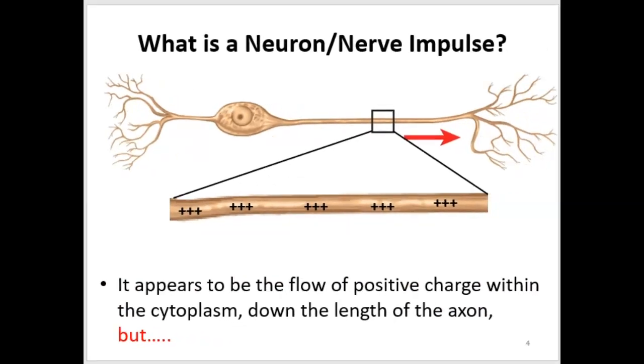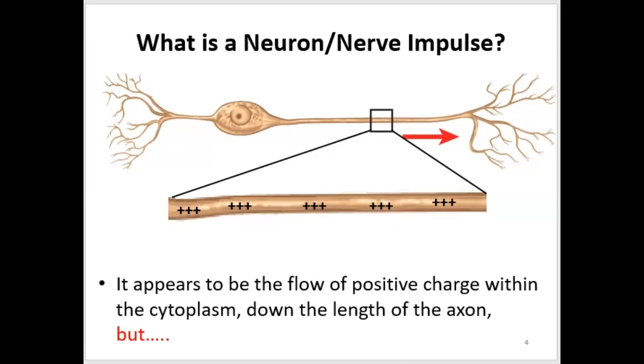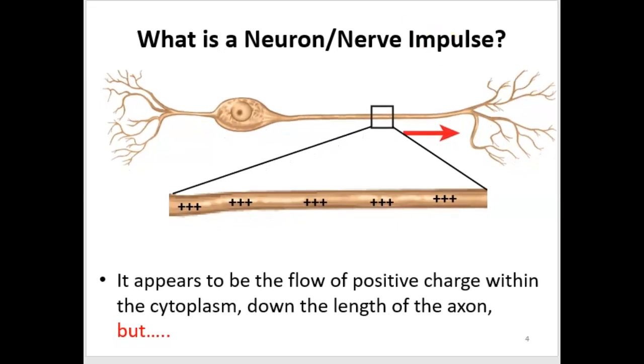So since our whole purpose is to talk about how neurons function, let's first just discuss what a nerve impulse is. A nerve impulse appears to be the flow of positive ions or positive charge down the axon.